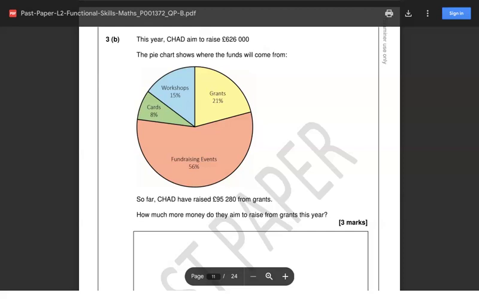They aim to raise 626,000 in total, so just find the 21% of 626,000.